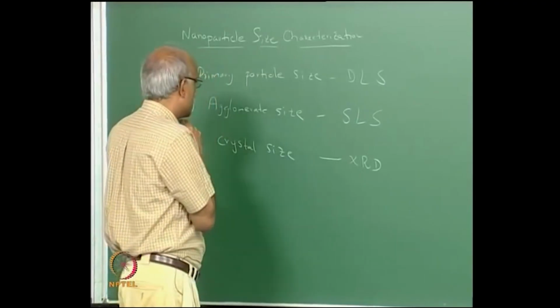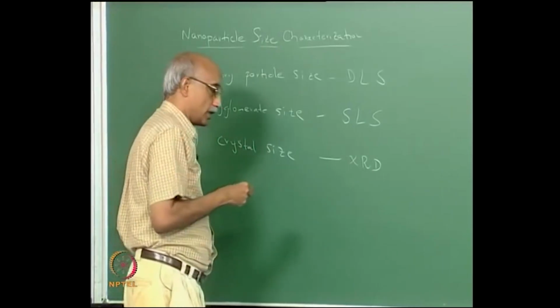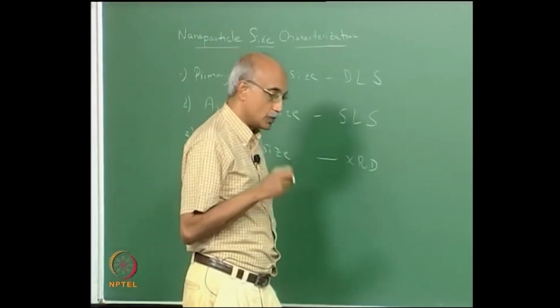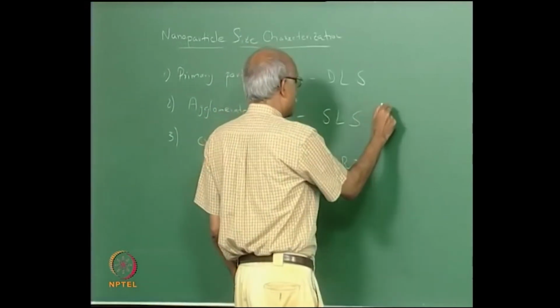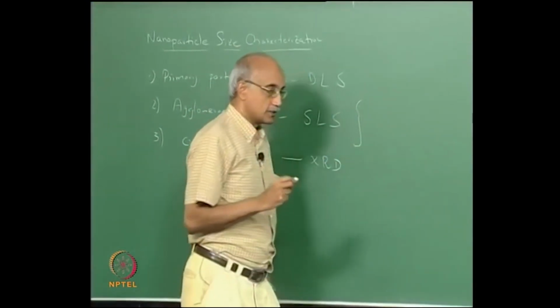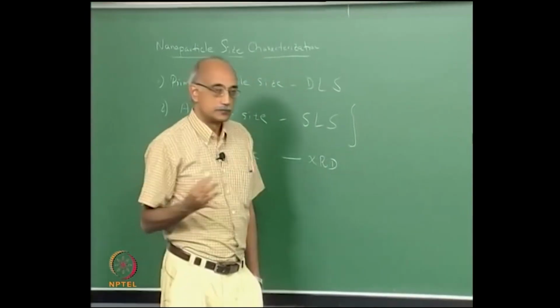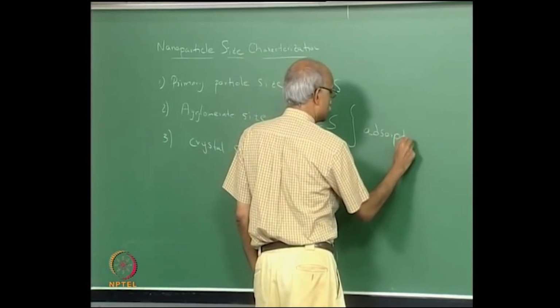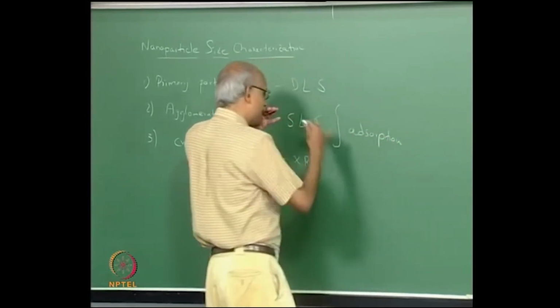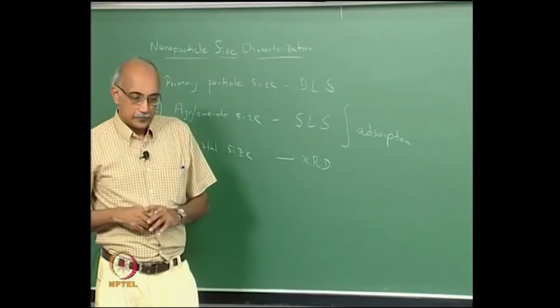Now, there are other techniques as well which are mostly again applicable to the agglomerate. For example, methods based on adsorption. So, we will talk about these techniques a little bit.